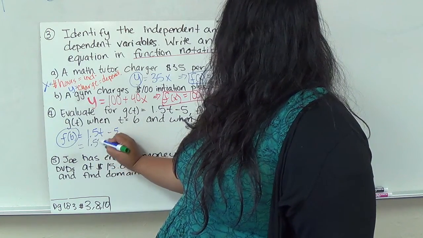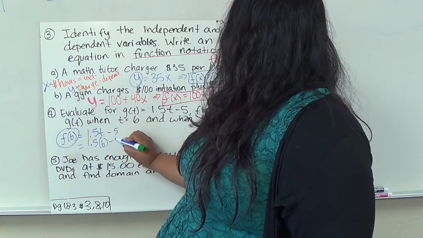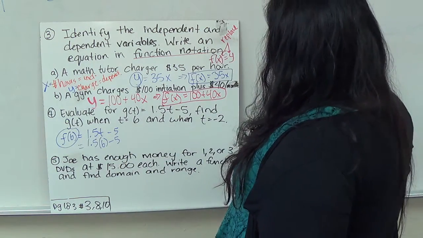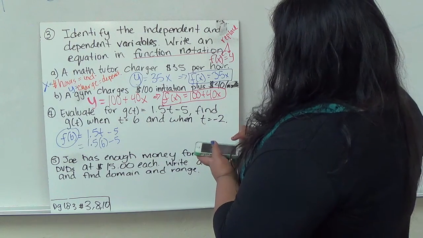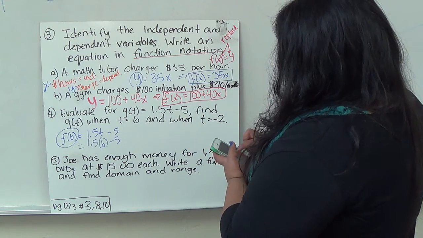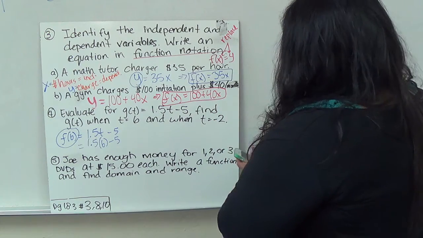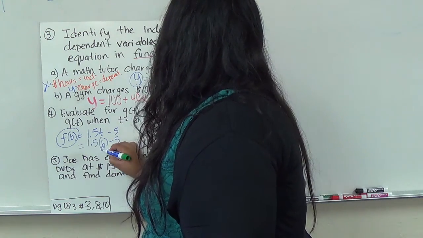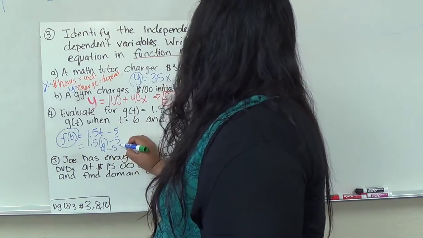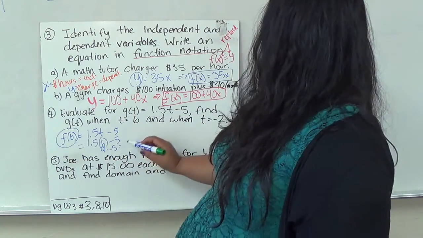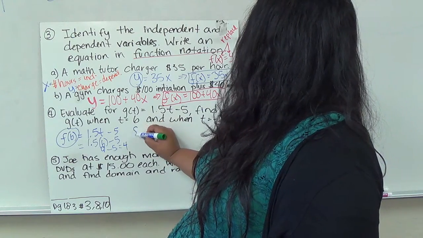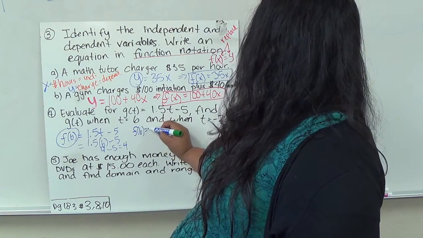So 1.5 times 6 minus 5. I'm going to do 1.5 times 6, which is 9, minus 5. Some of you did that in your head and you're probably ashamed of me. Sorry about that. 9 minus 5 is 4. So that's saying my f of 6 equals 4.